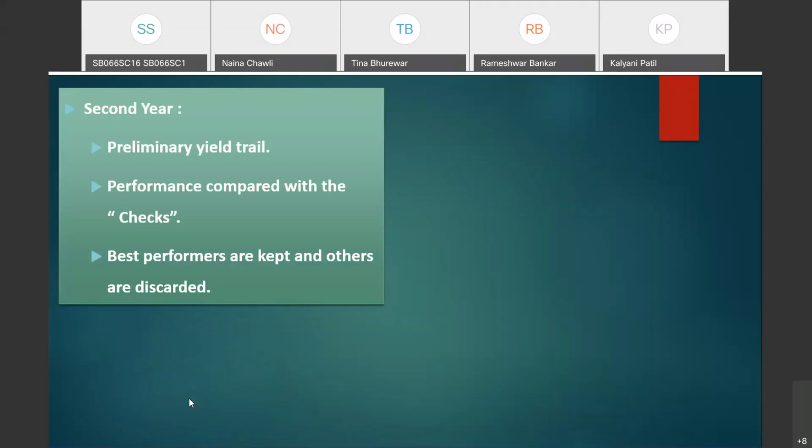Then in the second year, preliminary yield trials are carried out.